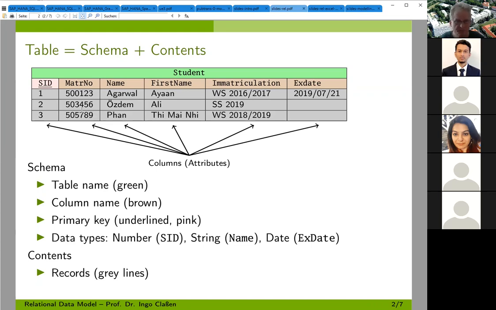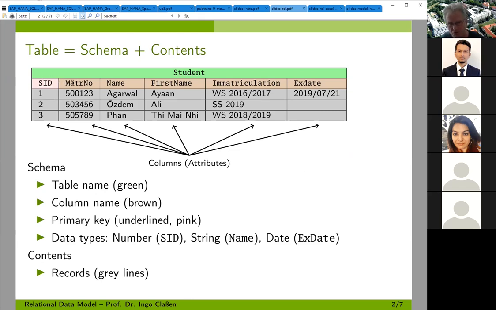So my suggestion is to take an additional column that is not part of the data. So it's neither matriculation number nor name nor first name, something like that. Just provide an additional column and call it something with ID at the end. It's just on top.